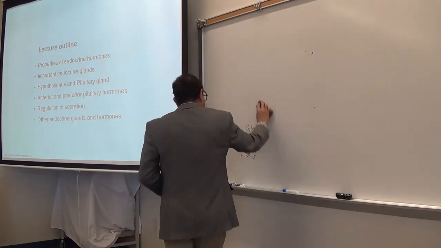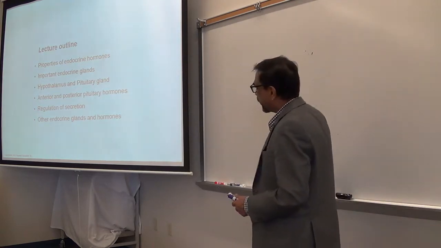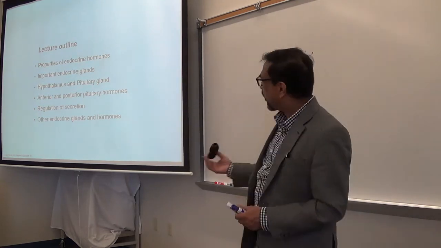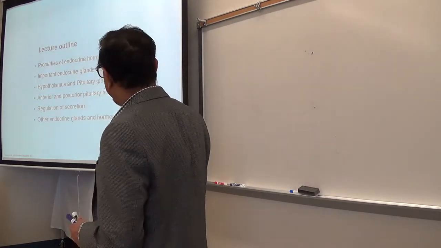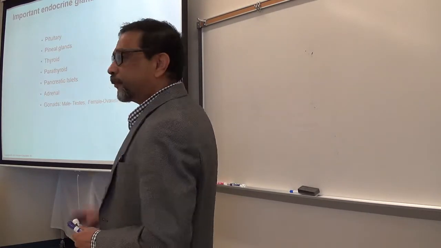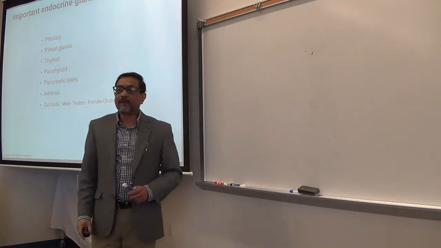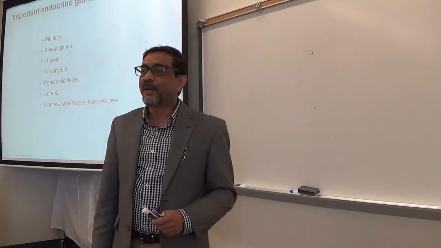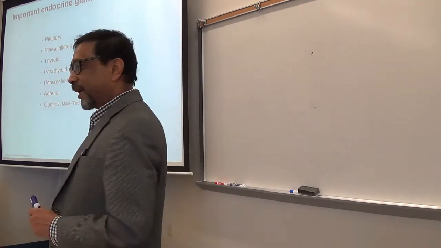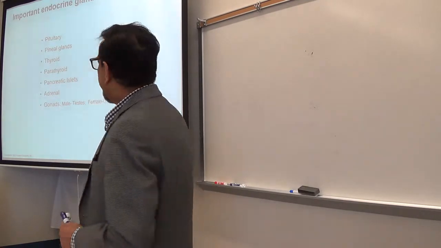Now, since we are going to talk about the endocrine system, we'll see the important endocrine glands, their locations. If we start from the brain, in the brain you have the pituitary gland, right, and pineal gland. Those two are important glands in the brain.